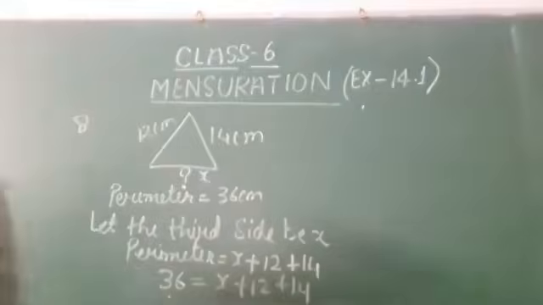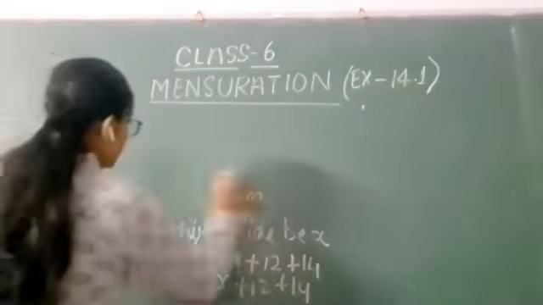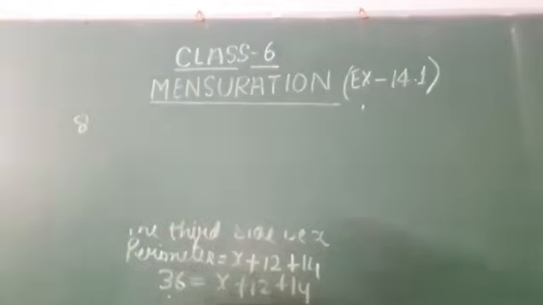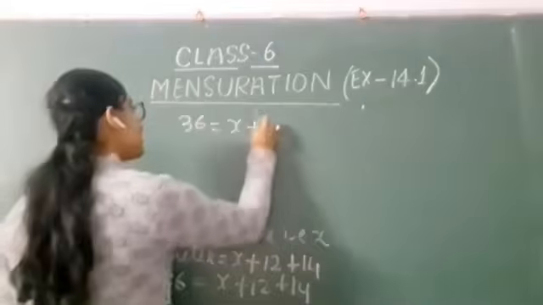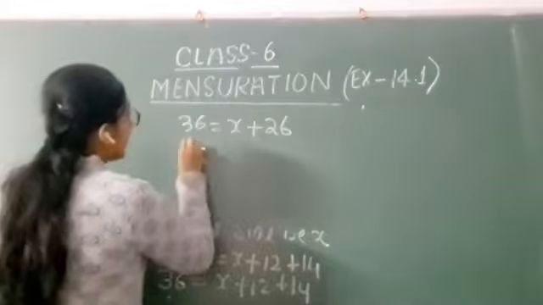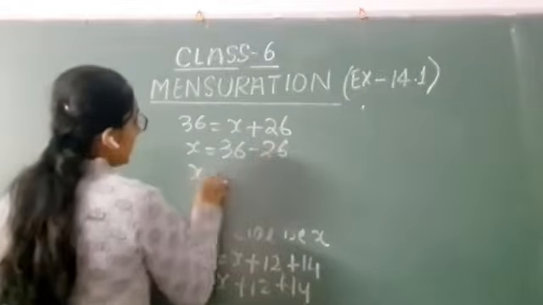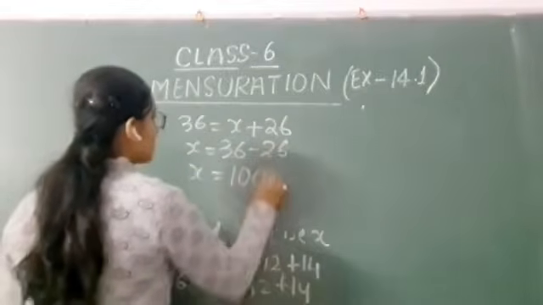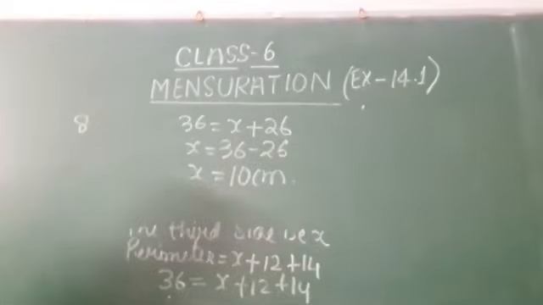Then after this, 36 is equal to x plus 26. Then x is equal to 36 minus 26. x is equal to 10 centimeter. We get the third side is equal to 10 centimeter.